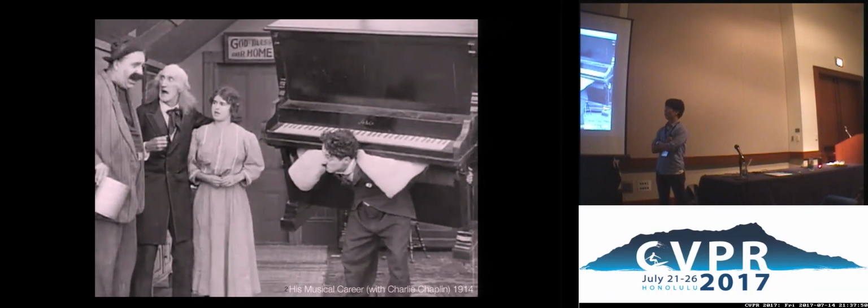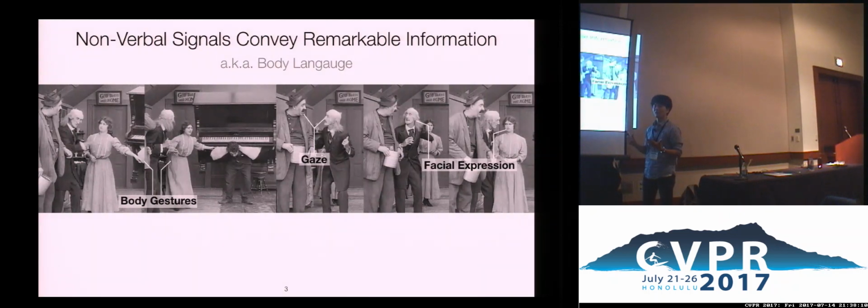Okay, this is an old silent video, Charlie Chaplin, and it doesn't have any kind of words. All of you can very easily understand the major content, the story, even their hierarchy, their feeling, and everything. That's because they are speaking with their face and their body.